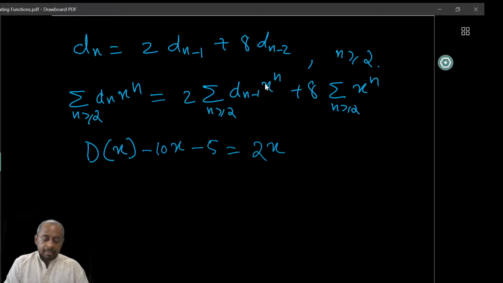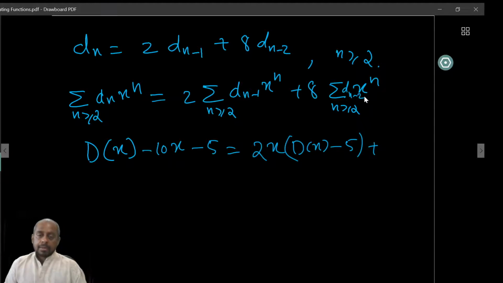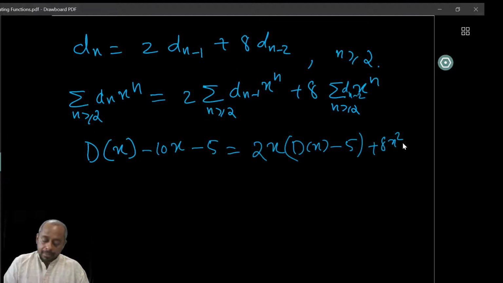So except for the first term, you will get the generating function, which is 2x times d(x) minus the first term, which is 5. Then here it's n minus 2, so if you take x squared outside, you have 8x squared times the generating function d(x).